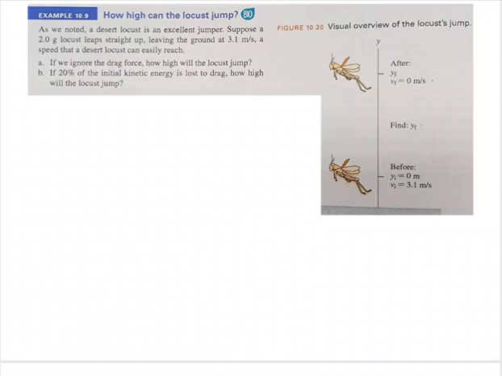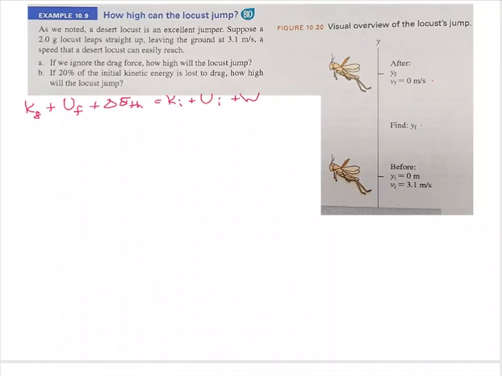So that will be in part A with no drag, so no friction. So we're going to start with our work energy equation. So we have K final, kinetic final, plus potential final, plus delta energy thermal equals kinetic initial plus U initial plus work.